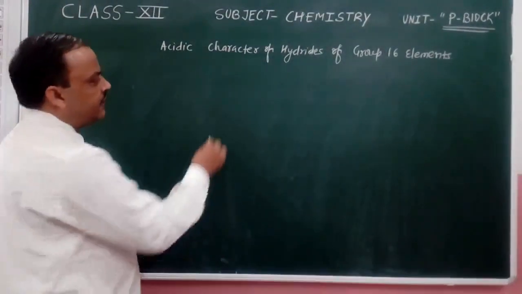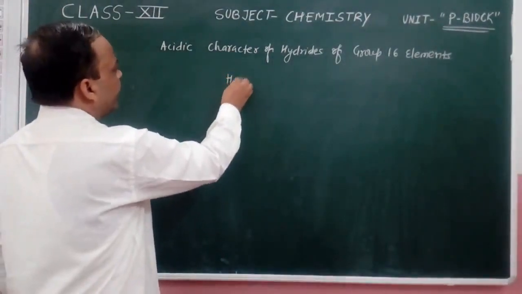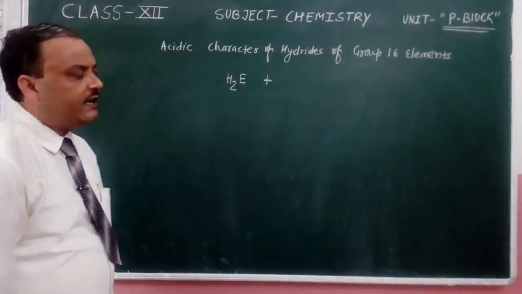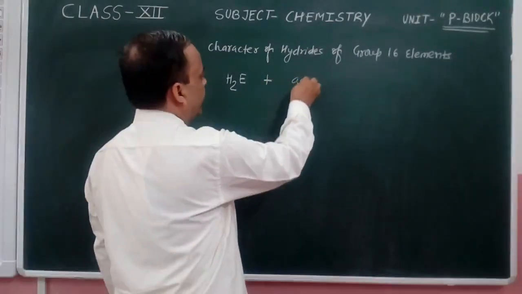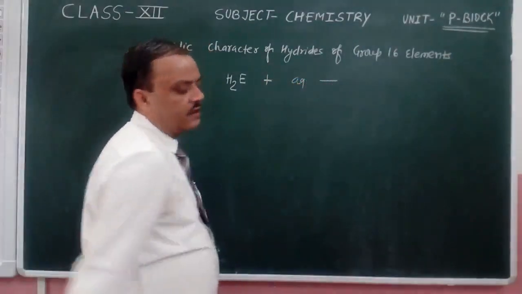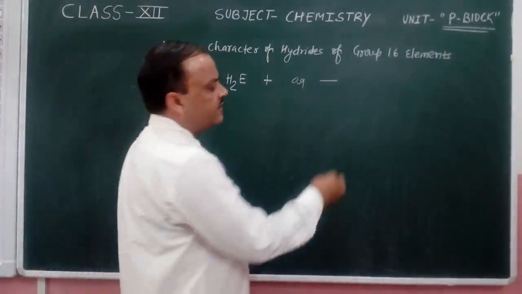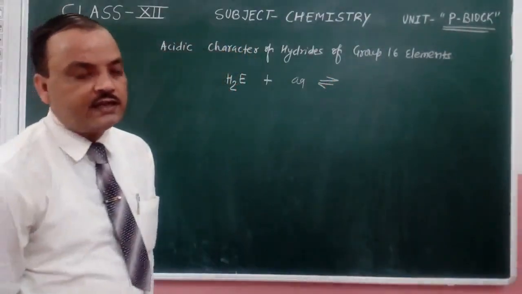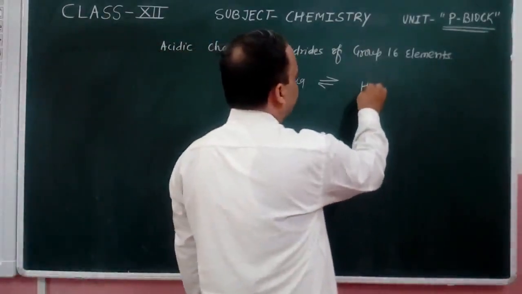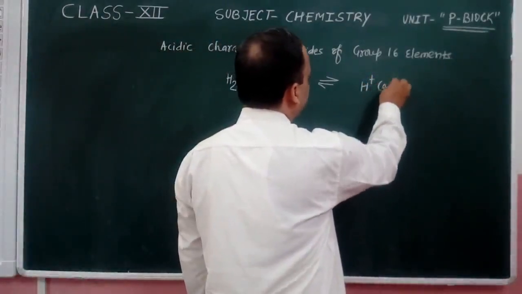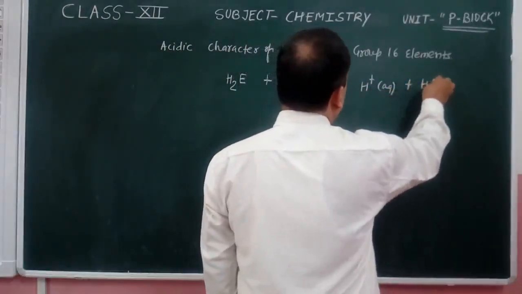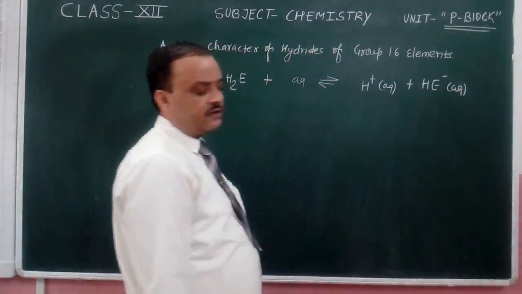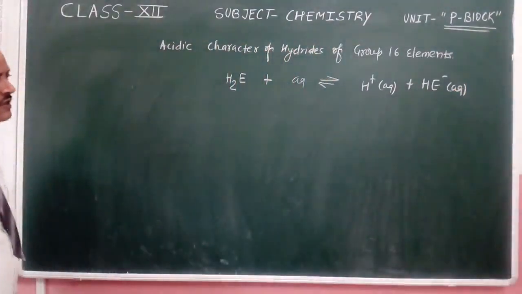We understand that if we have the hydride H2E, and when aqueous medium is added to it, then we get H+ (aq) and HE- (aq).